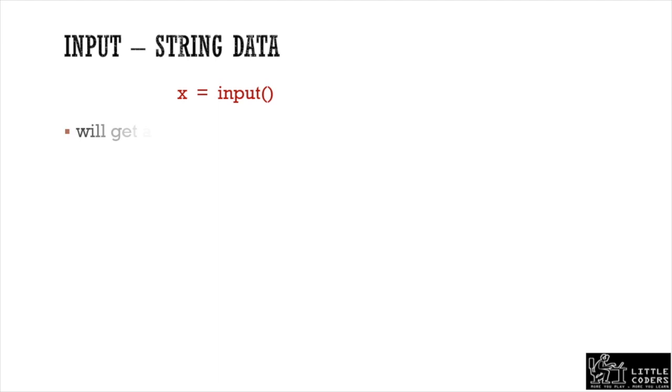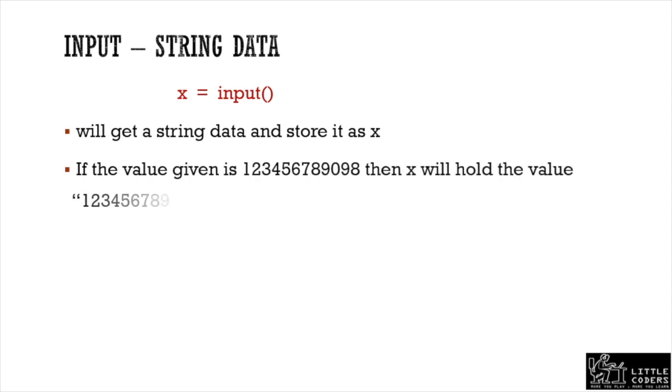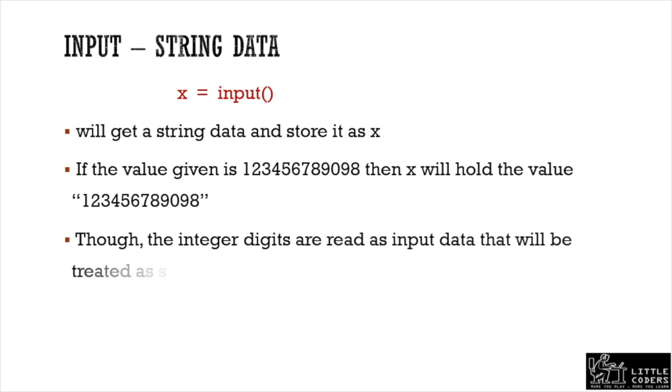Now, if I use x is equal to input within parenthesis. Here, input is the statement that can be used to give the value at the time of execution. But one important thing is the value which we are going to give, whether it is numerical value or non-numerical value, anything, it will be treated as a string only.